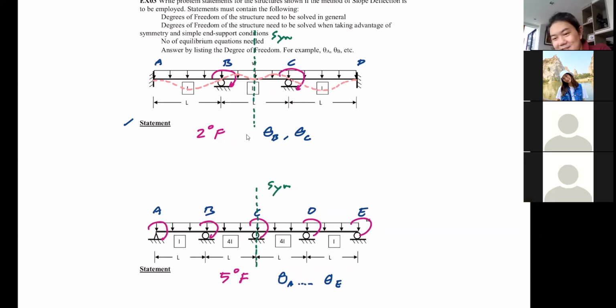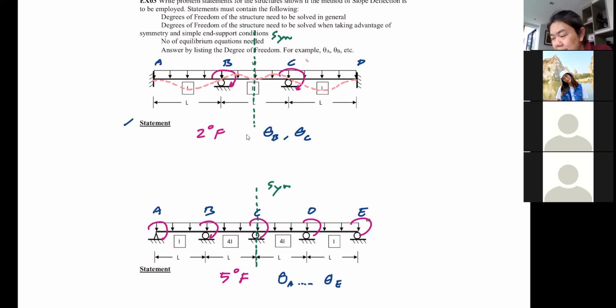Okay, so just look at rotation at B and C. According to my sketch here, is rotation at B clockwise or counterclockwise? It's counterclockwise.